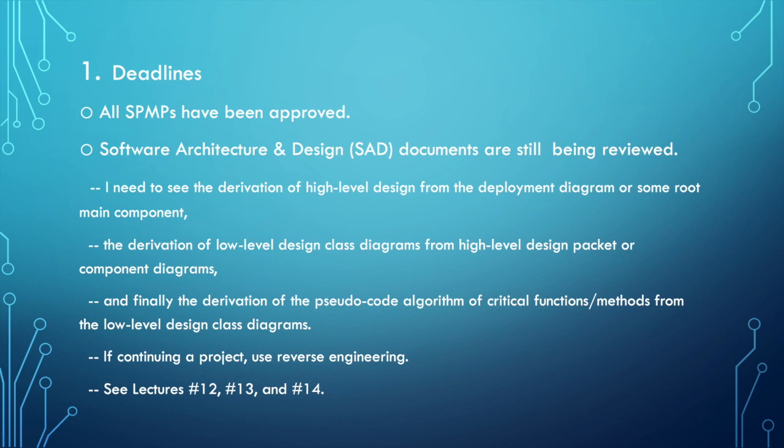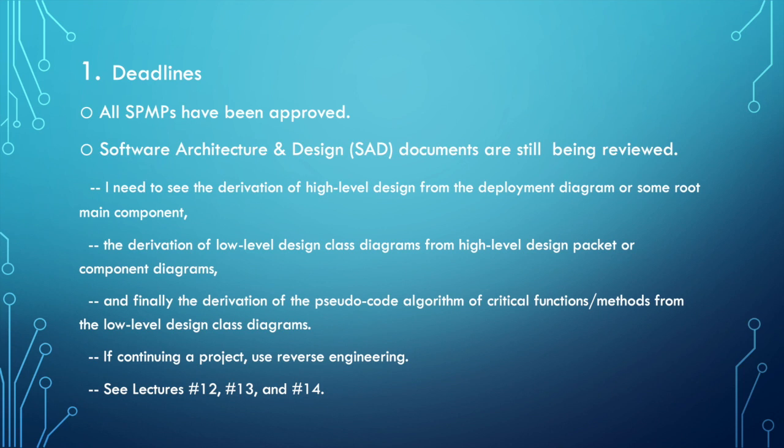This is a higher level composition of several classes into a package, and then composing packages into component diagrams. So packages now became component diagrams, and then finally composing component diagrams and trace it back to the deployment diagram where you have the software component that was identified in the SRS. So it's called reverse engineering because you're beginning from low level to high level.